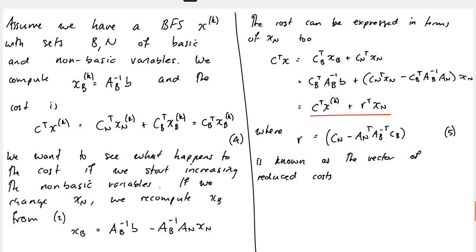Okay, so we can see which variables are going to reduce our costs by looking at the negative entries of r. If there are no negative entries, that means there's no direction we can go that will lower our objective, and it actually means that we're at our optimum solution. Okay, so r quantifies how much each non-basic variable affects the costs.